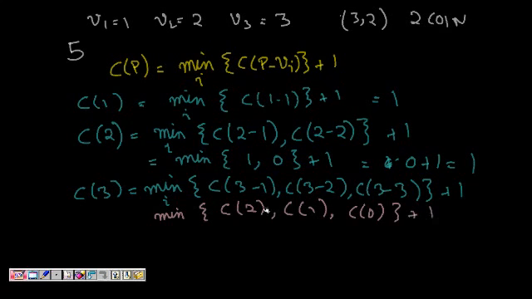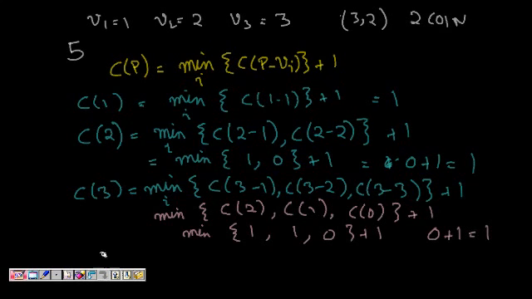C of 2 we saw was 1, C of 1 is also 1, and C of 0, if you have no sum, is 0. So the minimum of this is 0, plus 1, which is 1. So that also looks true to us.